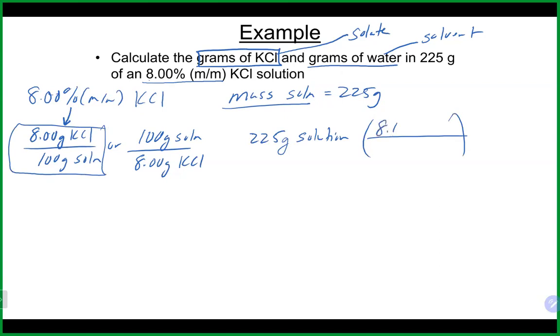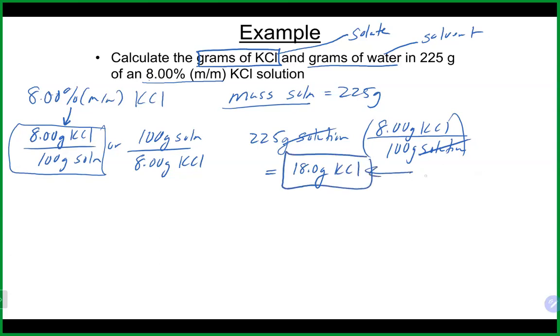That gives me 8 grams of KCl per 100 grams of solution. Grams of solution cancel, and that gets me 225 times 8 divided by 100, about 18 grams of KCl in this case. That would be one of the answers.